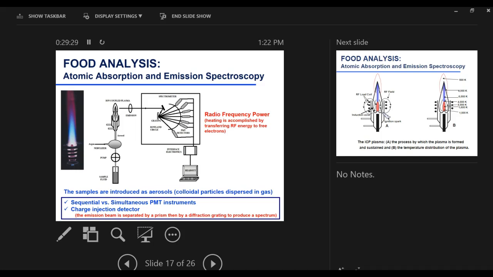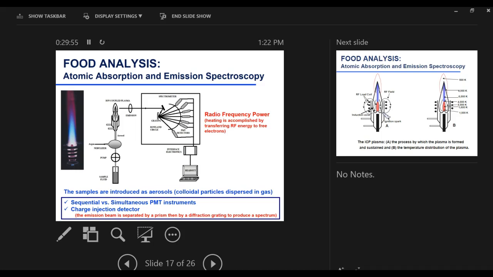So the spectrophotometer, you have a grating system so that you can diffract the light into the multiple wavelengths and select the wavelength that you want to measure at. This is a system that has multiple photomultiplier tube detectors. So in this system, you don't have only one photomultiplier tube, you have multiple.